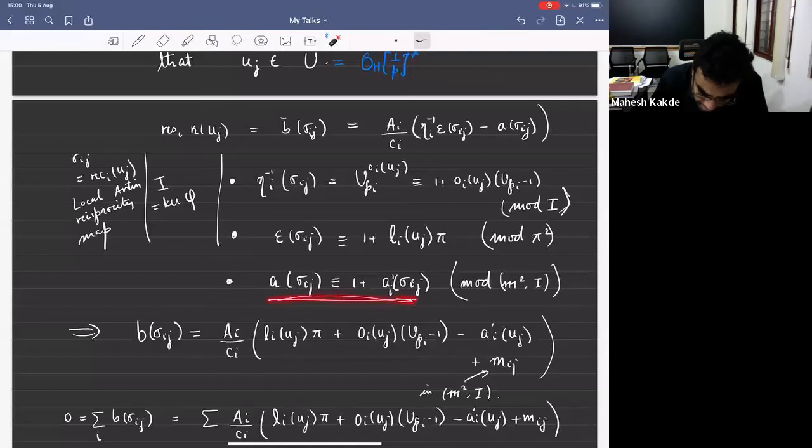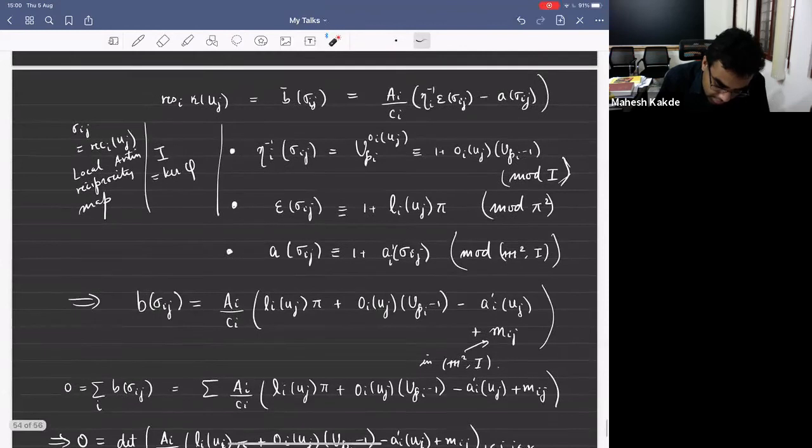And then A applied to this, which appears here, I just write it like this, 1 plus this modulo. Remember that A is congruent to 1 modulo M. So modulo M it's 1, but modulo M square it may be something different. So this A prime actually lies inside M. That's why I can write it like this. And so I rewrite my B sigma. I let the bar go, so I'm not looking at it mod M anymore.